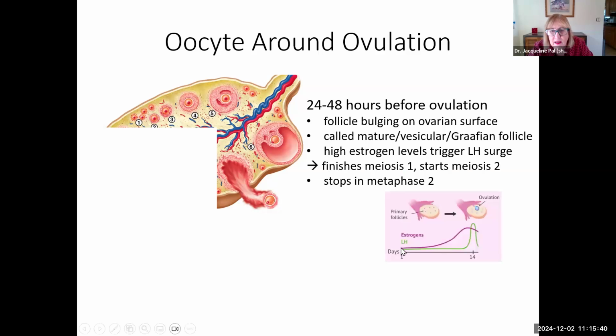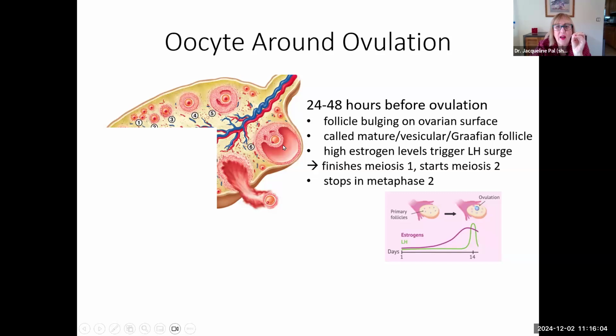But it's a certain high level of estrogen that's going to trigger this surge. So if we look at this, here's the estrogen level. And when it reaches this level, that triggers an LH surge. So the LH surge happens about 24 hours later, and that's what causes the ovulation. Okay.